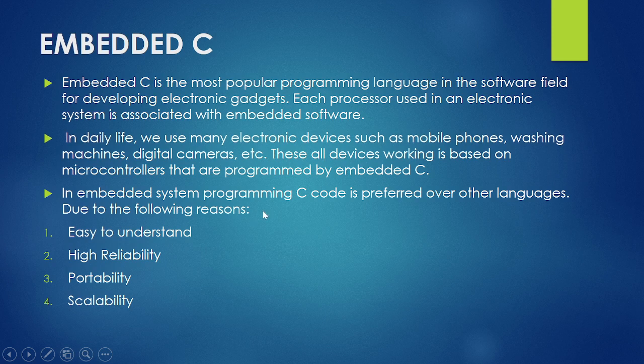In embedded system programming, C code is preferred over other languages because it is easy to understand, and offers high reliability, portability, and scalability. Also, C language is closest to the hardware. So we generally prefer C or C++ for writing code for an embedded system.